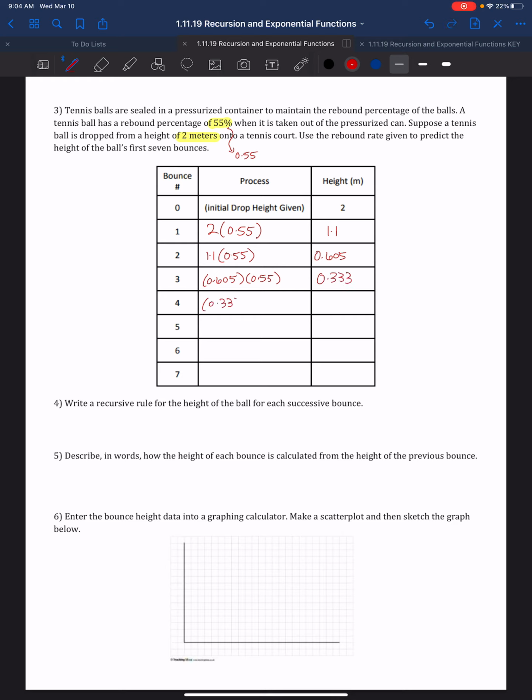I'm just going to keep going. Okay, so now I've found the height after each bounce.